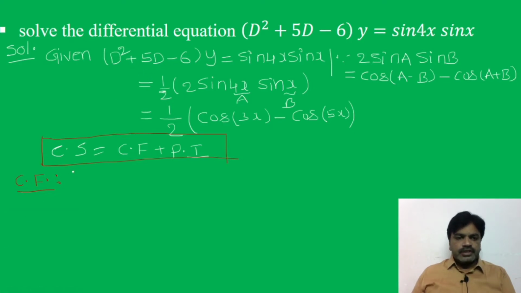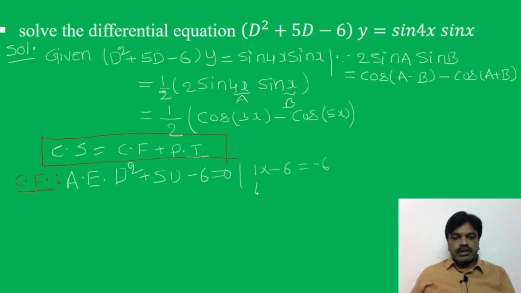So you first write the auxiliary equation. Auxiliary equation means the y coefficient equals 0. So D square plus 5D minus 6 equals 0. Now here 1 into minus 6 is minus 6. We have 5 here, friends.